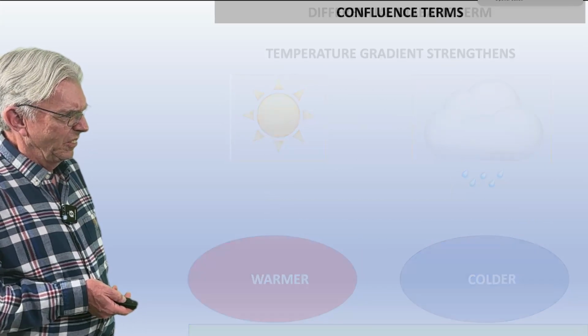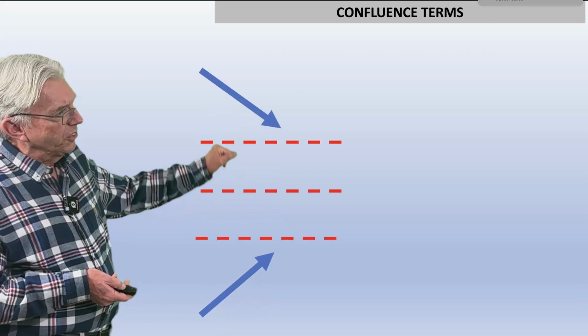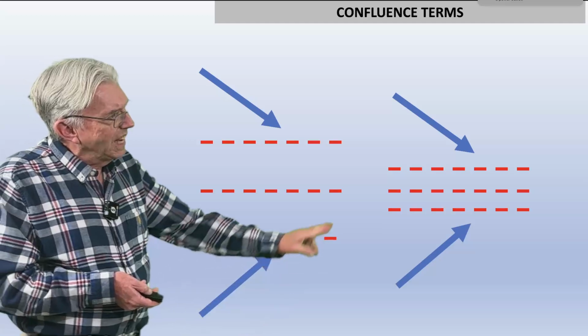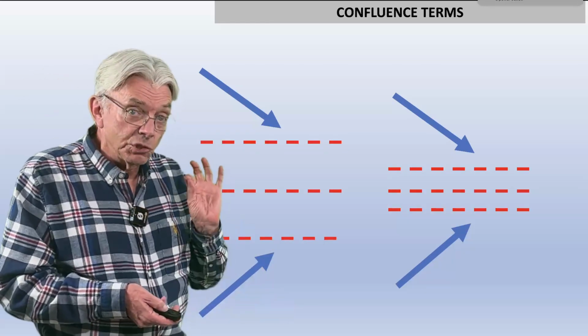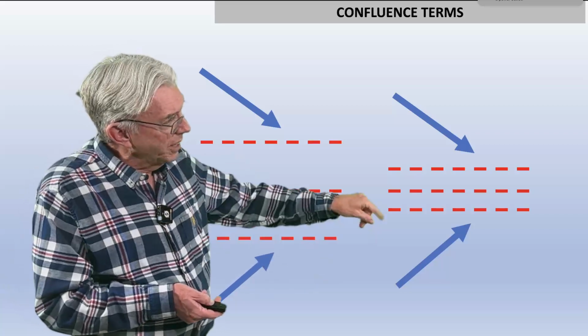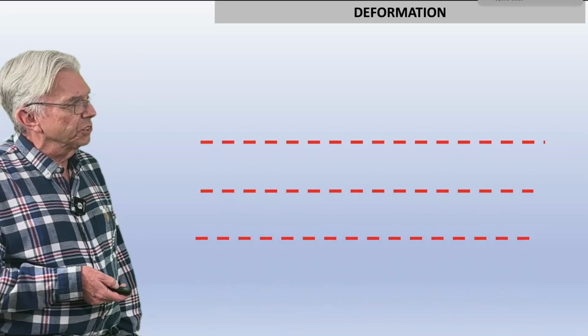This is really amazing. Okay, so we start with our three isotherms. These arrows then tighten those isotherms. It pushes them closer together, and so you have a stronger horizontal temperature gradient, okay? You also have something called deformation. This is really interesting.